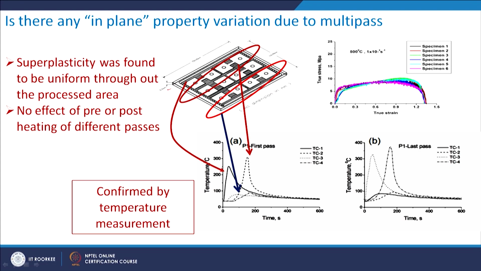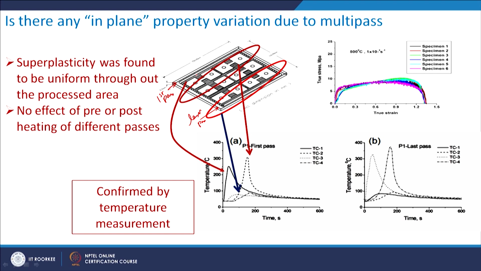For example, if we are starting from here, this is my first pass and this is my last pass. What will be the effect of this first pass on the material which is still unprocessed? That I will call preheating. Or what is the effect of the last pass on the first pass? Then it will be a post-heated material, post heating.